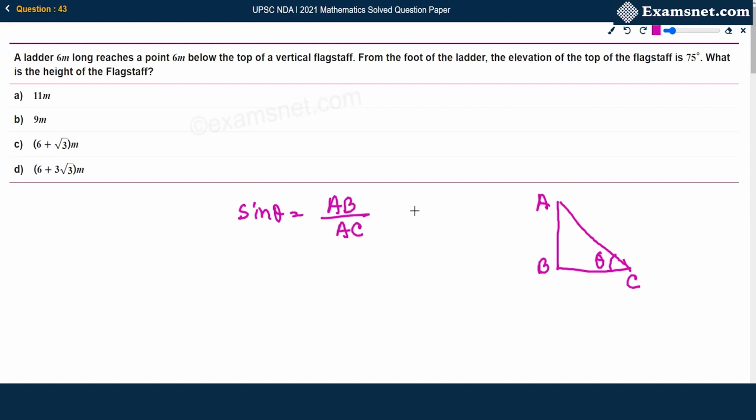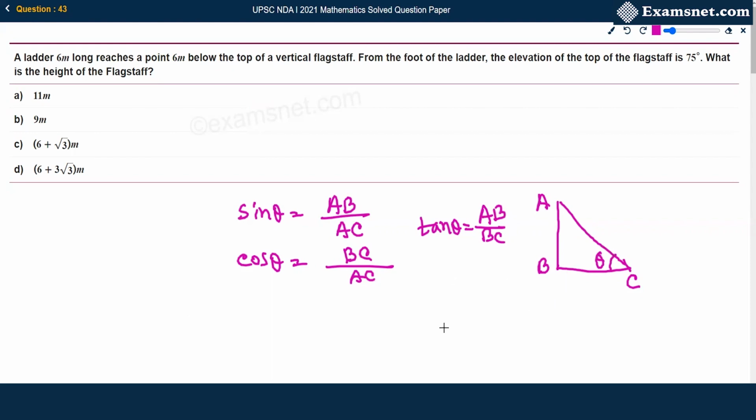Next, cos theta equals BC by AC, base by hypotenuse. Also, tan theta equals AB by BC, perpendicular by base. Here AB is the perpendicular, BC is the base, and AC is the hypotenuse.